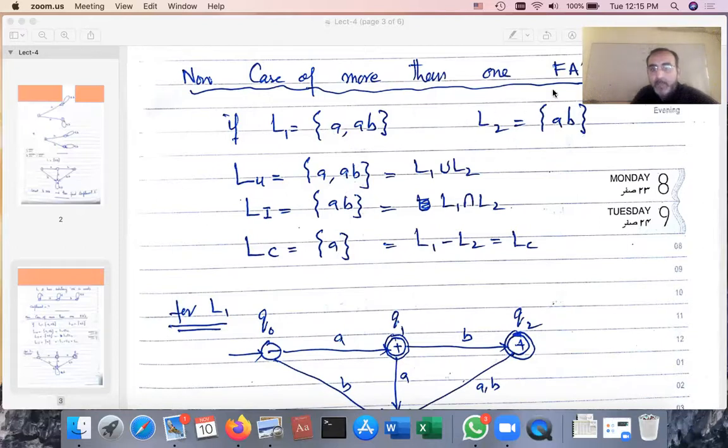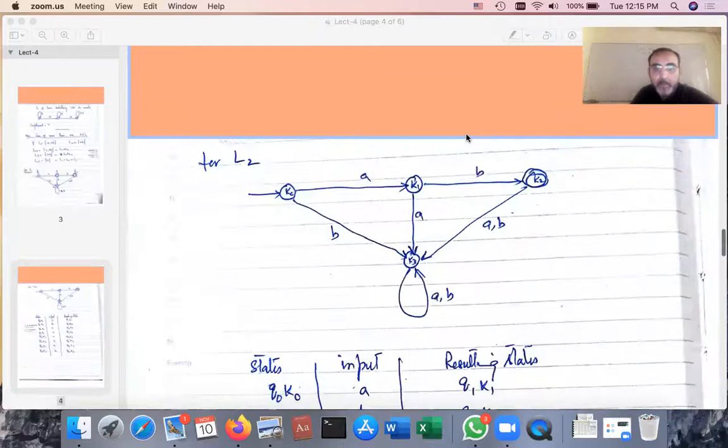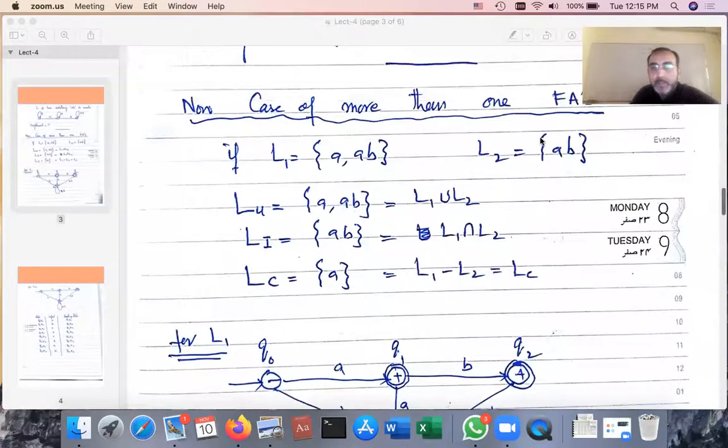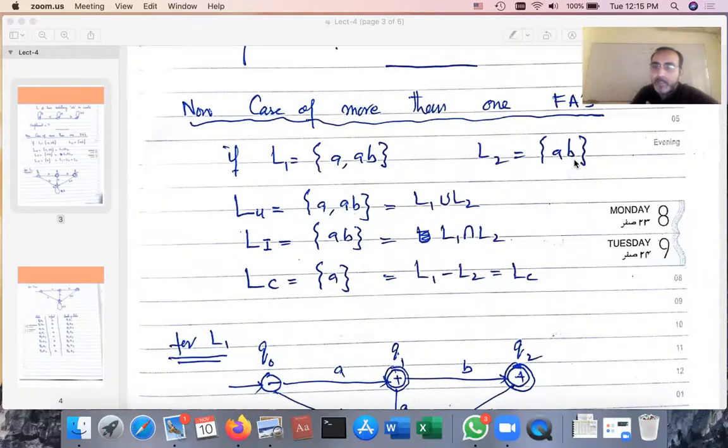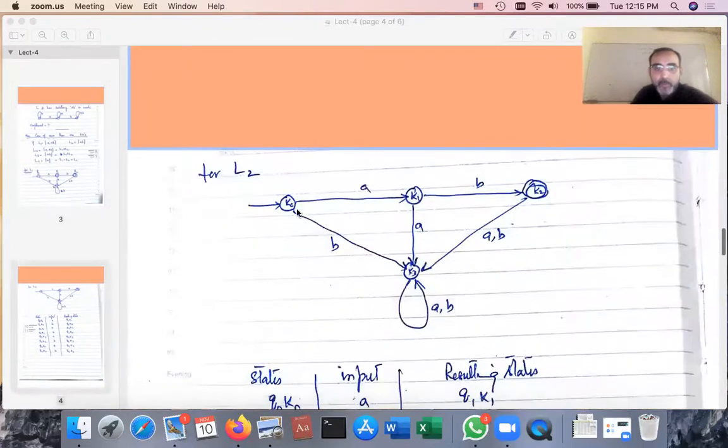Now the DFA for L2. L2 is the string AB. So this DFA for L2 should only accept the string AB.